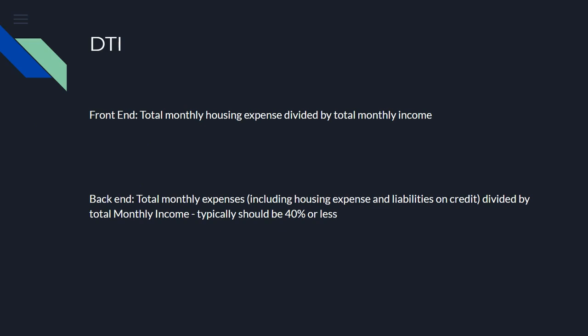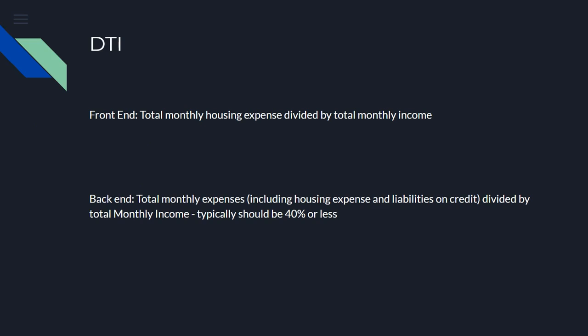So when you are calculating your back end ratio, it's your total monthly expenses, and those expenses include whatever is listed on your credit report. So if you have credit cards, car loans, student loans, whatever you're paying on a monthly basis, that is reflected on your credit.